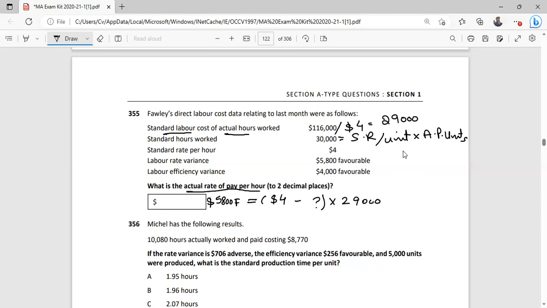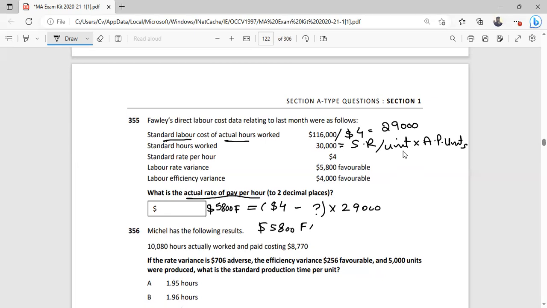So if 29,000 is multiplying here, you can divide: 5,800 favorable divided by 29,000 is equal to $0.2 favorable.